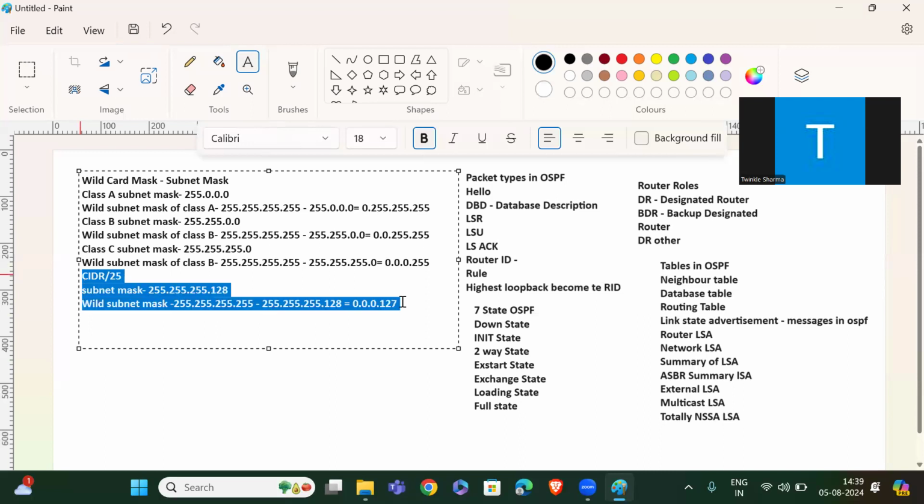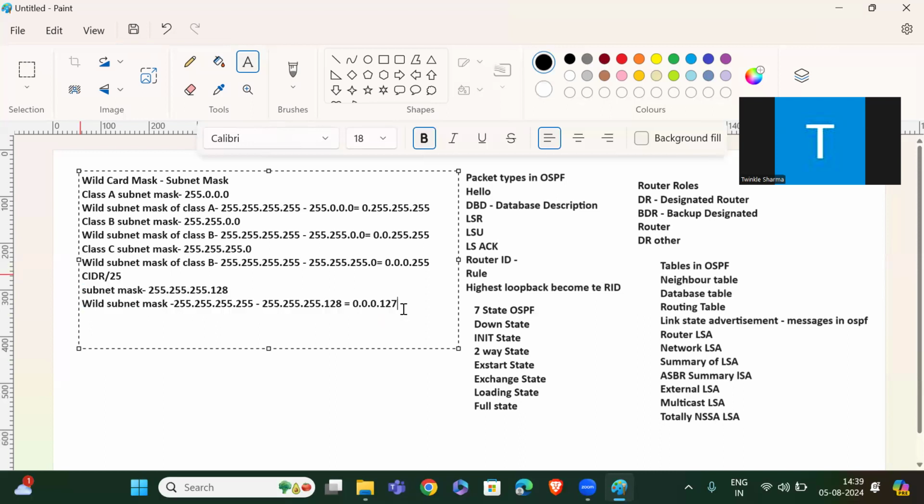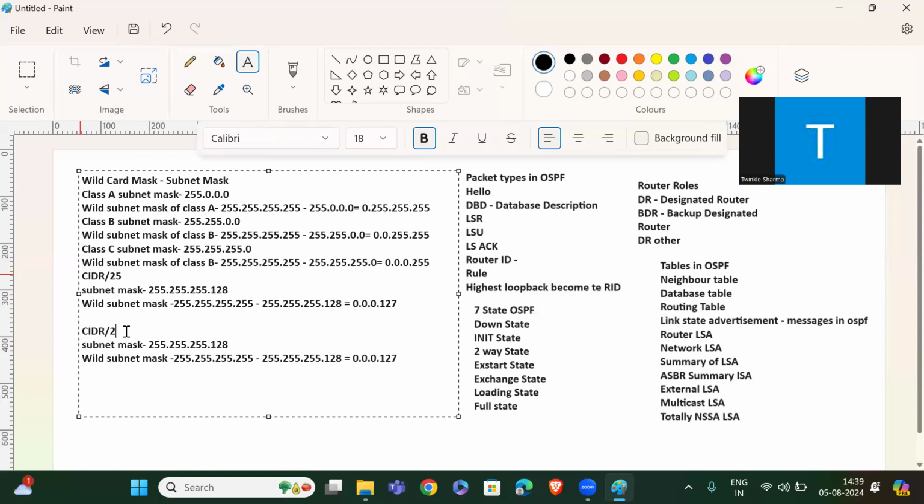Okay. If we have a CIDR value of 26, what is our subnet mask? It is 192, right? So subtract 192 from 255, and our answer for the wildcard mask is 0.0.0.63.